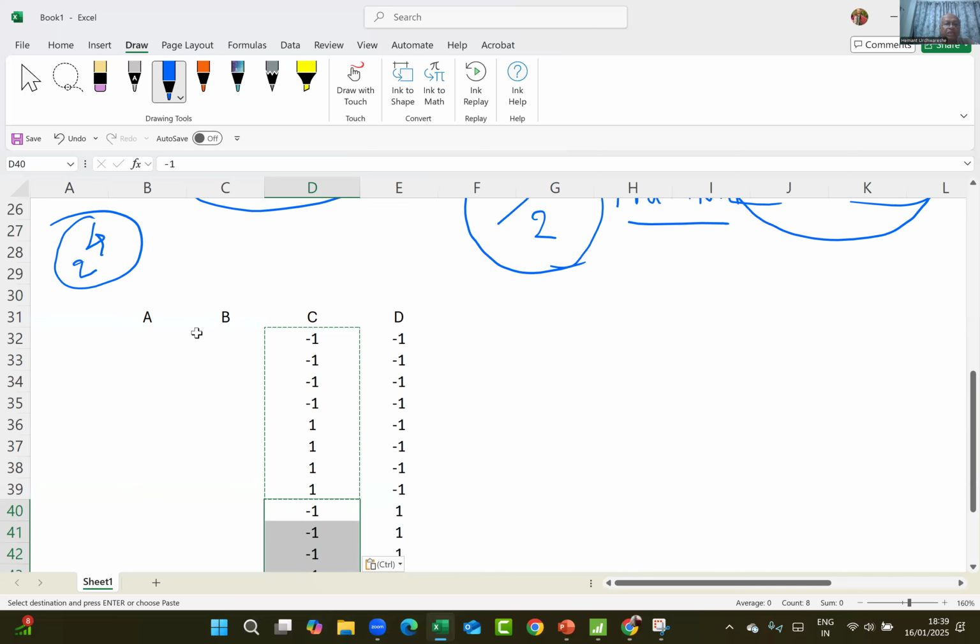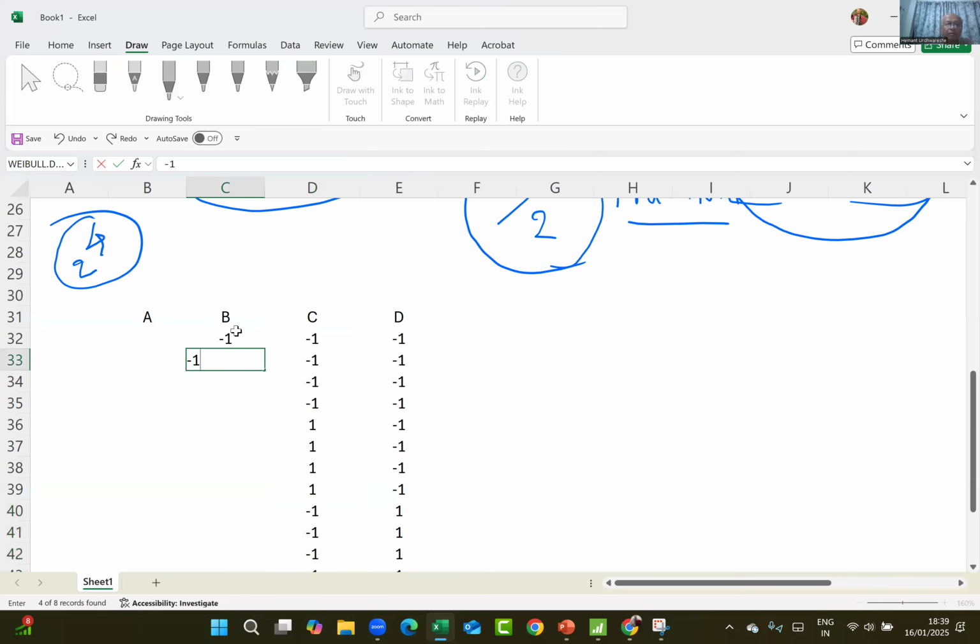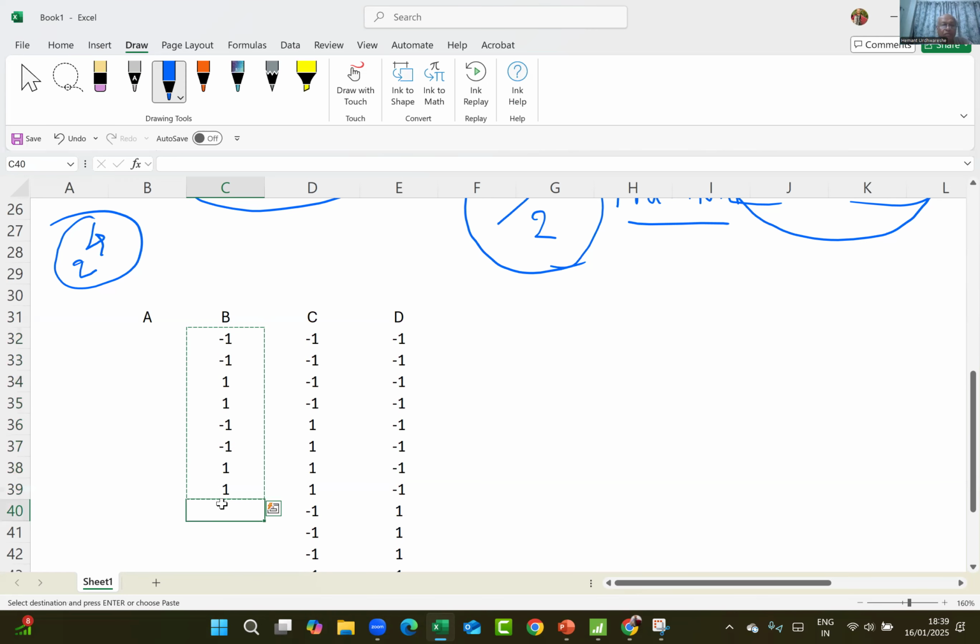That is for C. B will have 2 minus 1, 1, 1, minus 1, minus 1, 1, 1, and this pattern will be the same for the remaining runs. And here you got A, which again will be minus 1, 1, minus 1, 1. And this pattern is going to repeat all throughout.